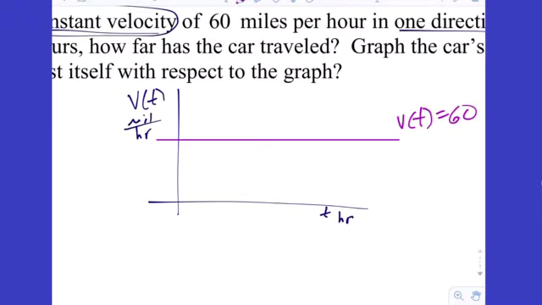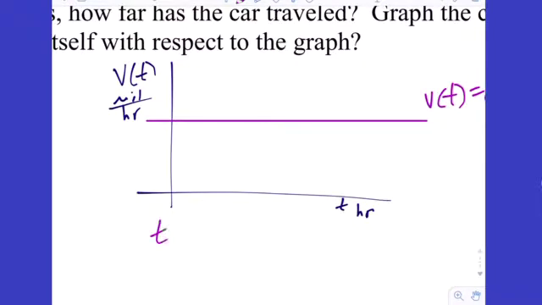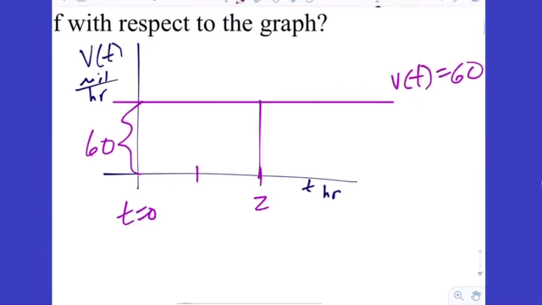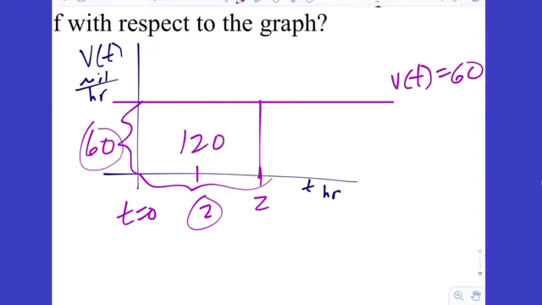Yeah, straight horizontal line. And if we start at t equals 0 and we go to t equals 2 hours, what we just did is we essentially multiplied that vertical distance, 60, times this horizontal distance of 2. 60 times 2 gives us 120.